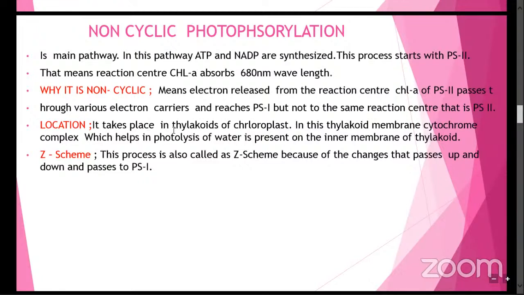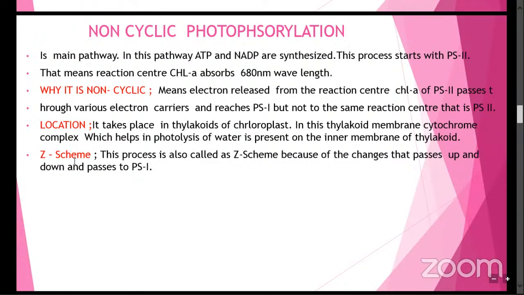And besides that, there are two important things. One is the cytochrome complex, which is situated in the inner membrane of the thylakoid, and NADP reductase on the outer membrane of the thylakoid. These two are important to remember.